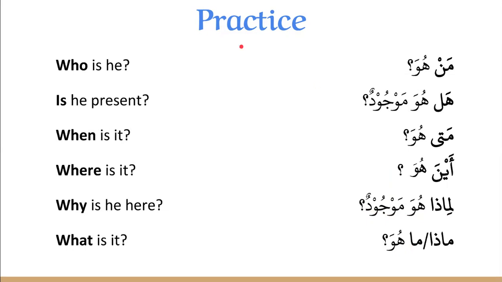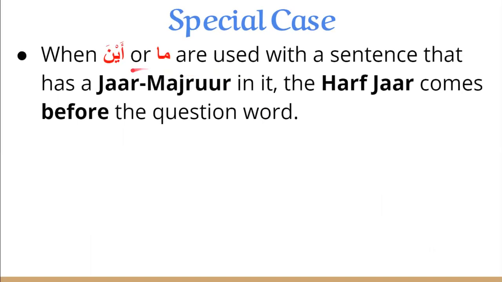So another thing you have to learn is, let me see. Okay, sometimes ma and aina can come between a jar majroor. So it's nothing special. Sometimes you can find that between the jar and majroor there is ma or aina.